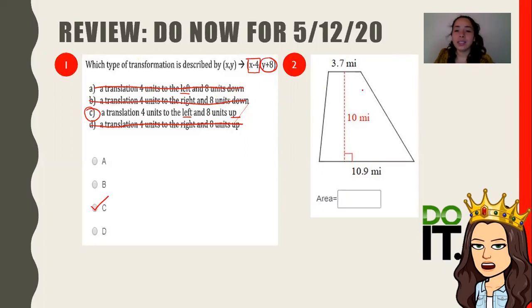So now let's look at this. Do you remember how to find the area of a trapezoid? You get to just type the word yes or no. You don't need to tell me the exact formula.